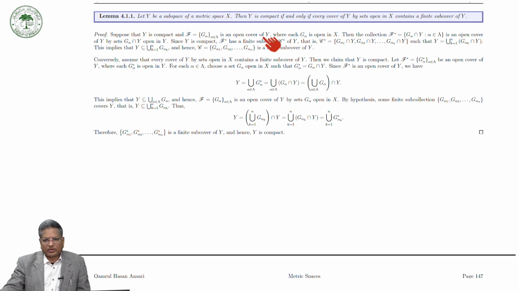Okay, an open cover of Y. When we say that Y is compact, it means that every open cover of Y by sets open in Y has a finite subcover.